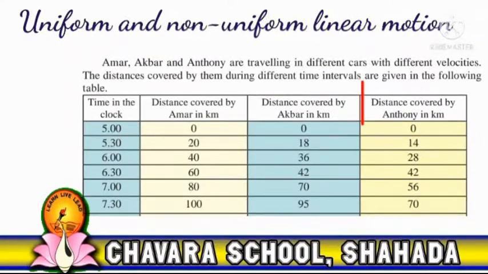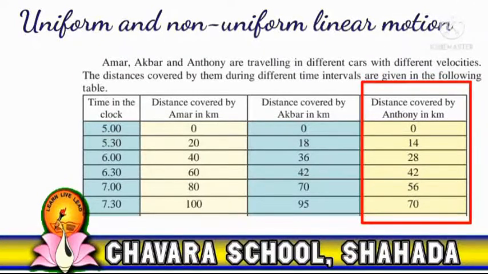We observe here distance covered by Amar in unit interval of time is constant. That is, per half an hour, Amar travels 20 kilometers each time. Similarly, distance covered by Anthony is also uniform.